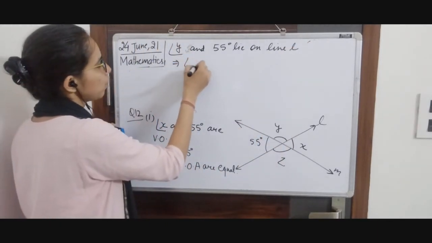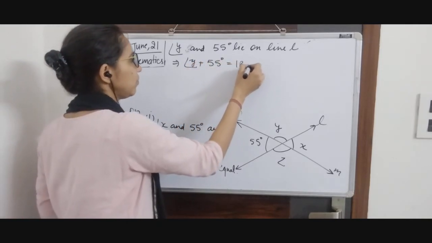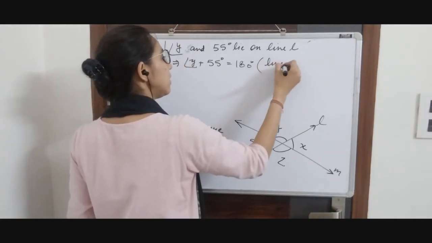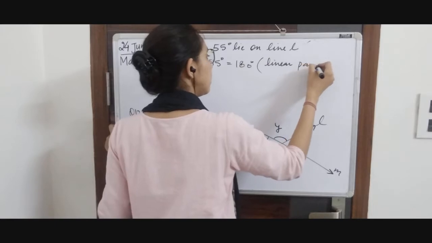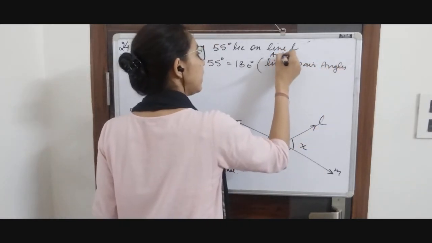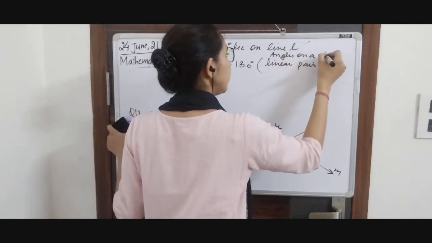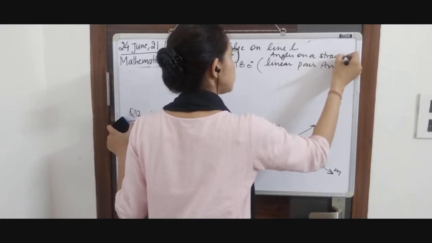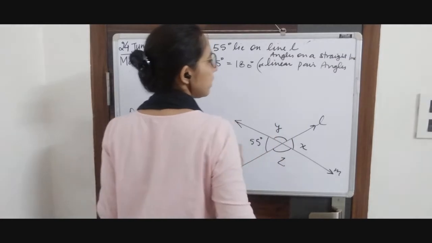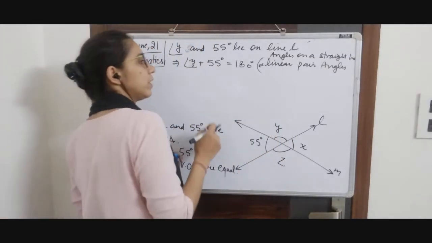It means angle Y plus 55 is going to be 180 because of linear pair angles. Angles on, or you can write angles on a straight line, straight line are linear pair angles. Angles on a straight line are linear pair angles.